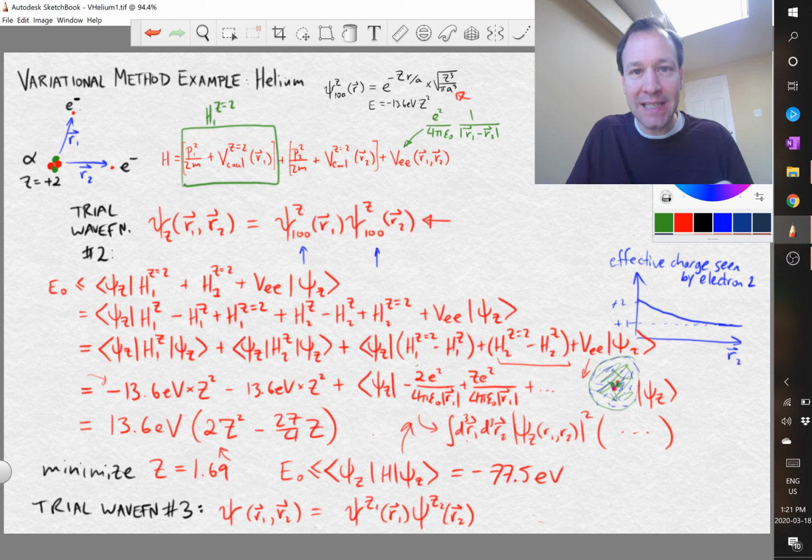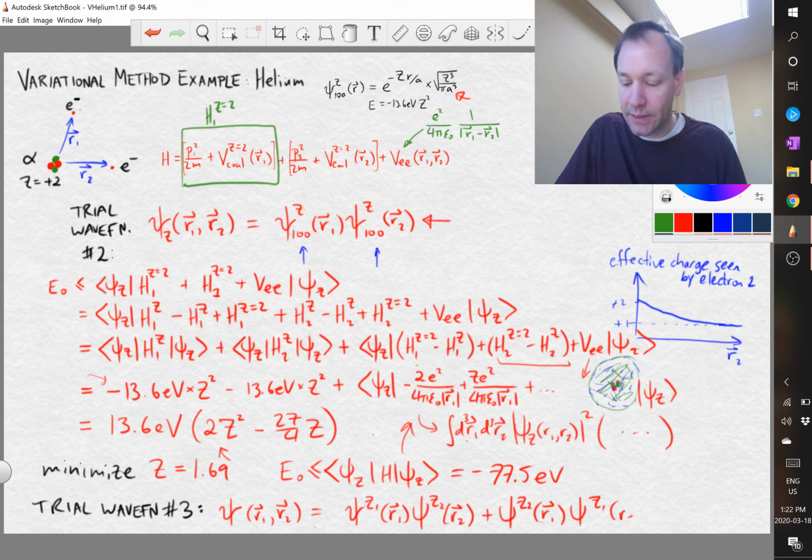That's not totally satisfying because it's not symmetric between the two electrons. And so you can add a term to make it symmetric: psi z2 of r1, psi z1 of r2. And now at this point, it's not necessarily normalized, so I'm going to multiply by some normalization factor.